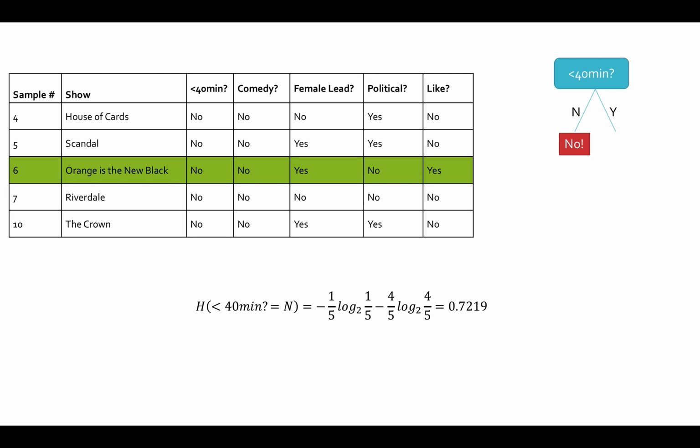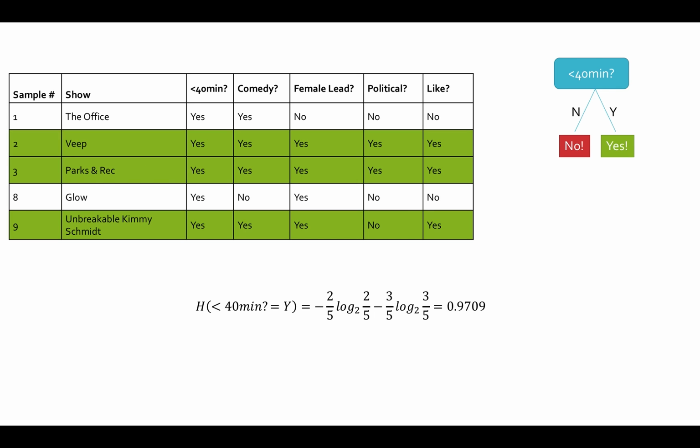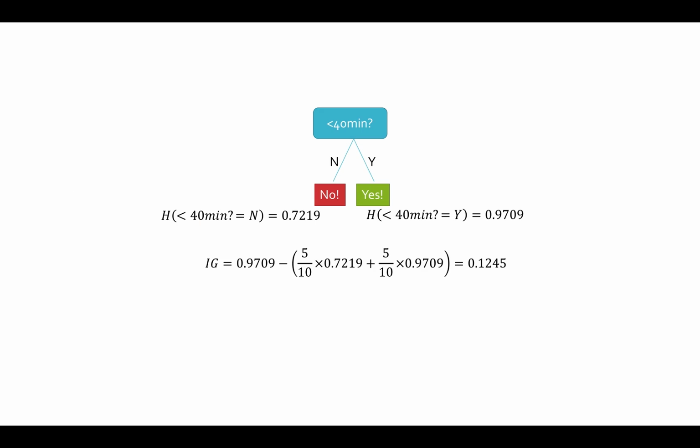Now let's look at the right side. If the show is less than 40 minutes, then we have 3 out of 5 yeses and 2 out of 5 no's, and our entropy ends up being 0.97. What's the information gain if we split this way? Remember that the entropy on the left side is 0.72 and the entropy on the right side is 0.97.